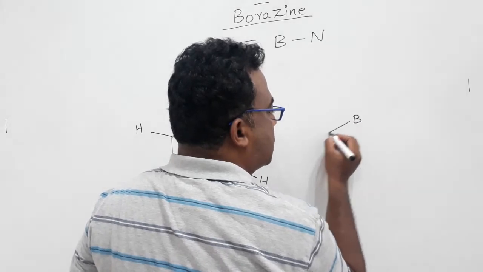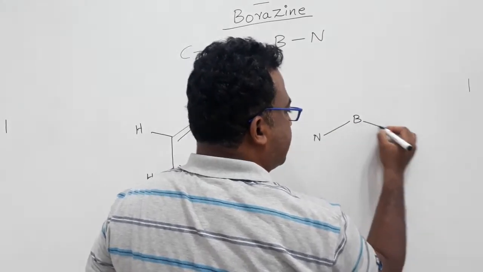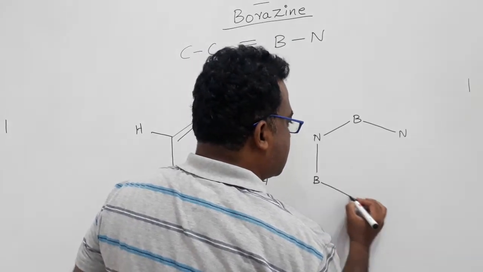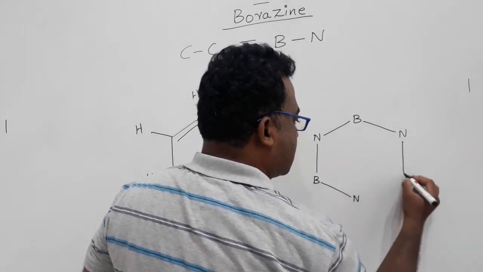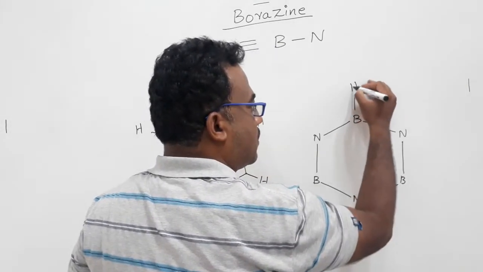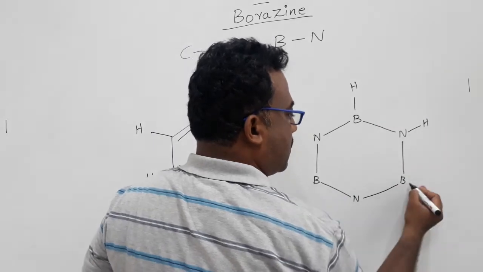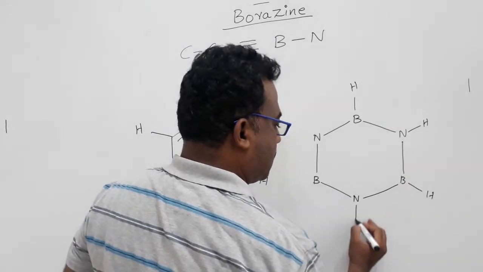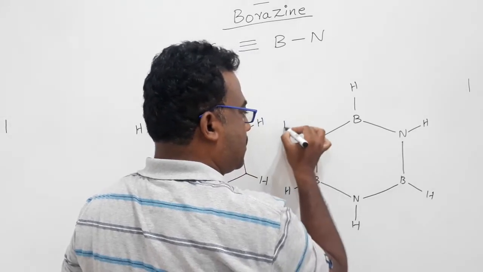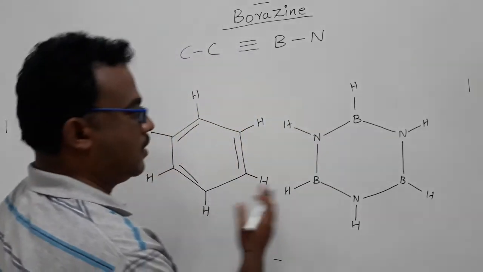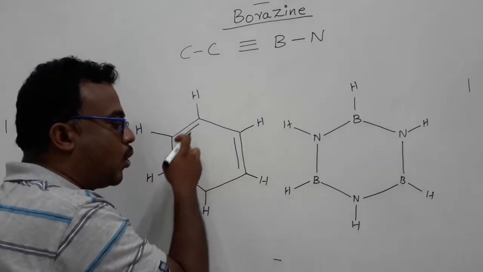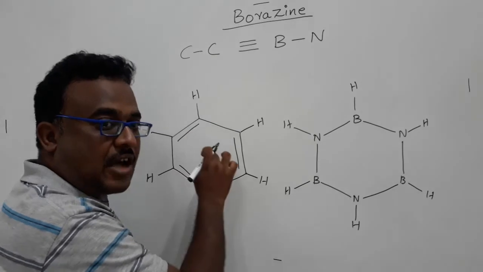How does it look like benzene? When you put double bonds, the 6 pi electrons are delocalized over the 6 atoms.